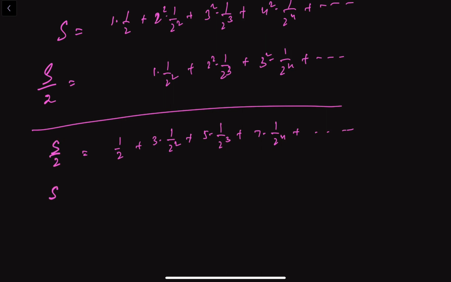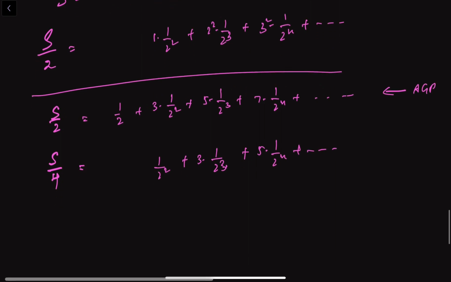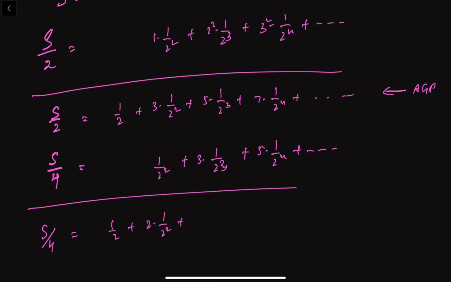That is my s by 2 basically. Similarly, if I divide this by 2, we can see this is an AGP, so that's why I'm dividing by the common ratio. This would be 1 by 2 square plus 3 into 1 by 2 cube plus 5 into 1 by 2 to the power 4 plus and so on. If I subtract again, s by 4 is 1 by 2 plus 2 into 1 by 2 square plus 2 into 1 by 2 cube plus 2 into 1 by 2 to the power 4 plus and so on.